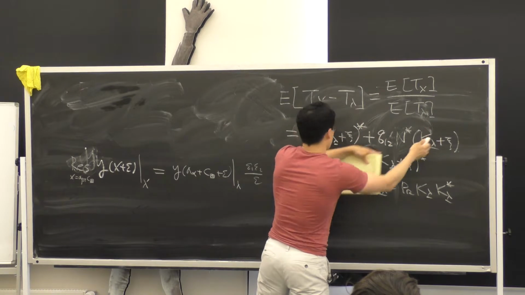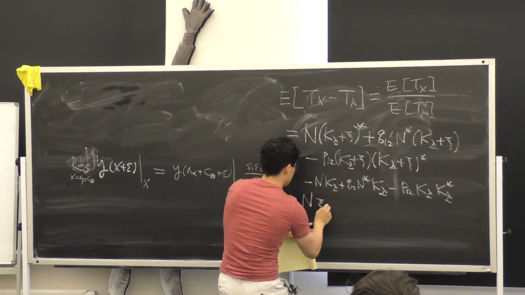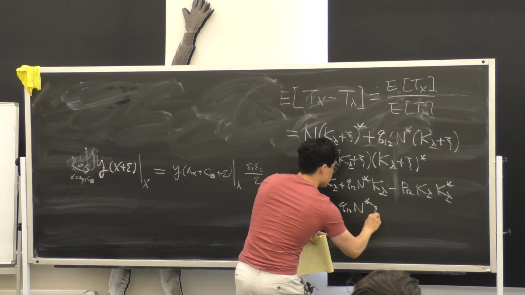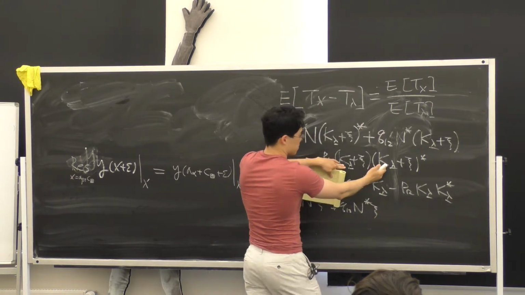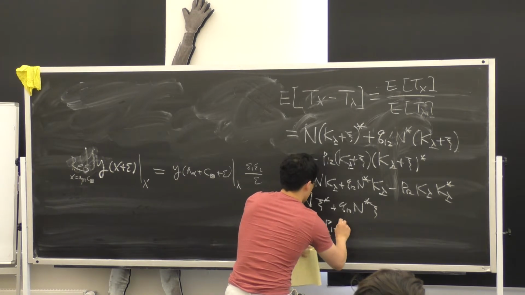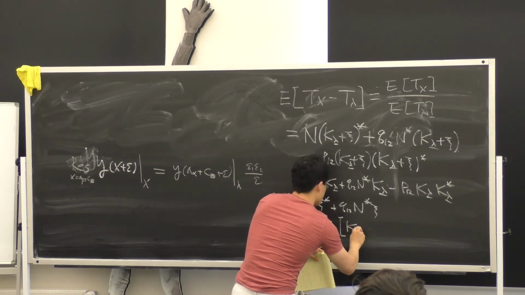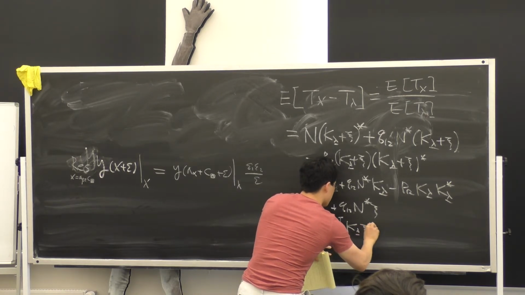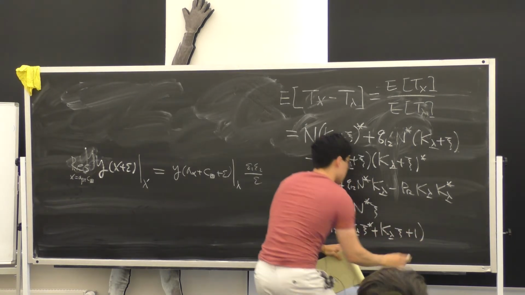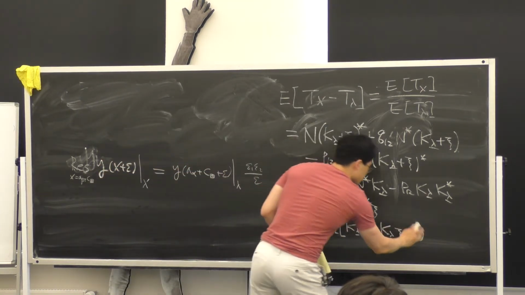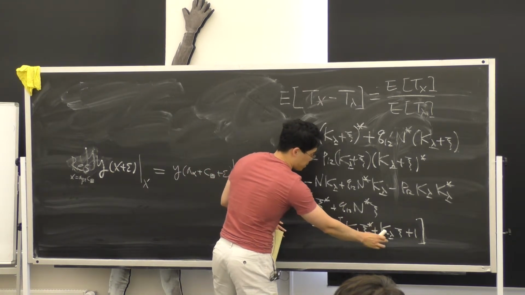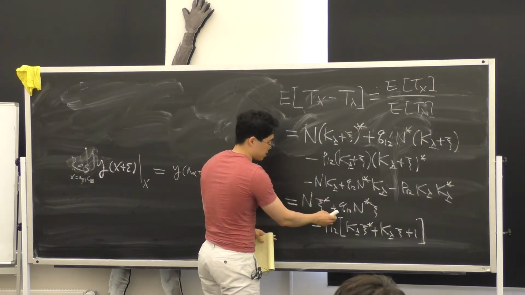So this survives, this survives. And well, this cancels, but we have cross terms and this. And you see that this can be combined with this, because they have C star in common.